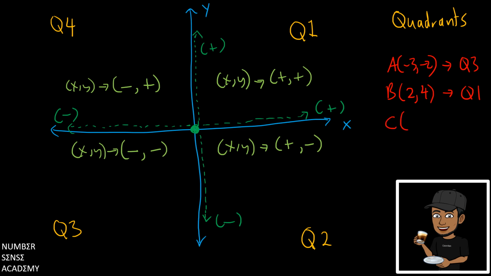If I give you a coordinate C and I give you a negative value of x and a positive value of y, then you know that this is in Q4. And if I give you a positive value of x and a negative value of y, then we know that this is in Q2. Okay, so that's some important background on the quadrants.